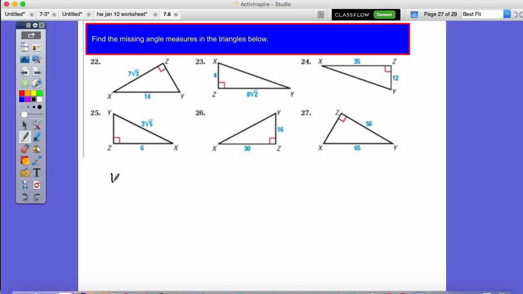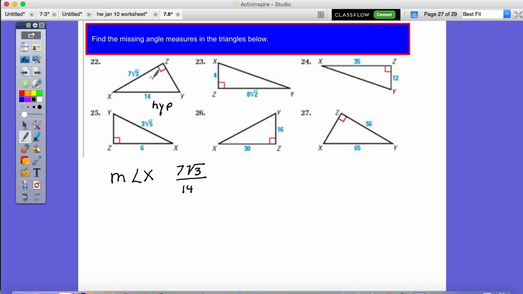So first for 22, to find the measure of angle X, they give me the length here of 14, which I can see is the hypotenuse of the triangle. And 7 radical 3 is the leg that is adjacent, it's touching angle X. So 7 radical 3 divided by 14.